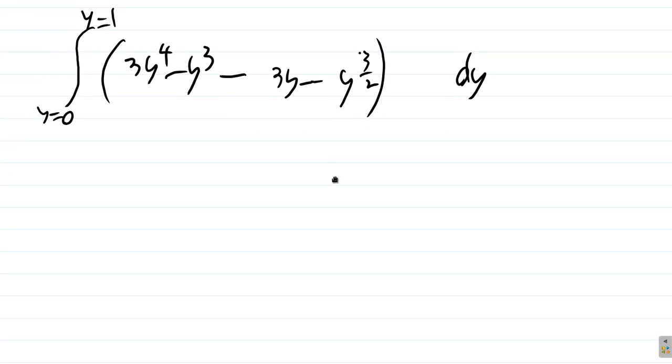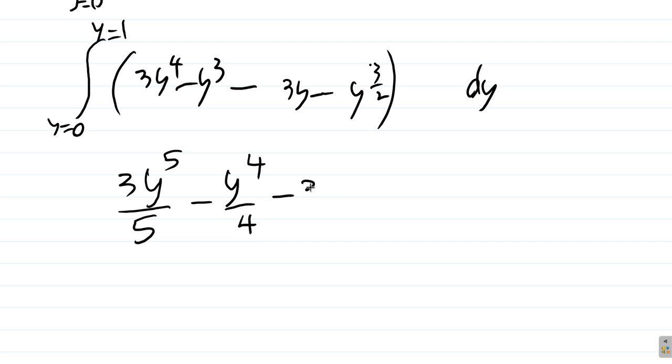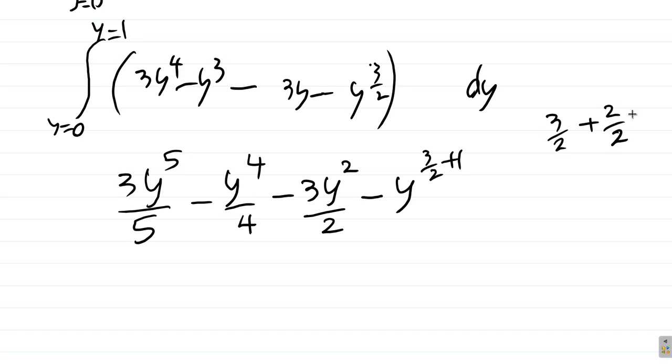So let's integrate this with respect to y now. So this is 3 y to the 4 plus 1 is 5, to the 5th power over 5, minus y to the 4th over 4, minus 3y to the 2 over 2, minus y to the, well, this is going to be 3 over 2 plus 1, which is 3 halves plus 1, which is 2 halves, which is 5 halves.